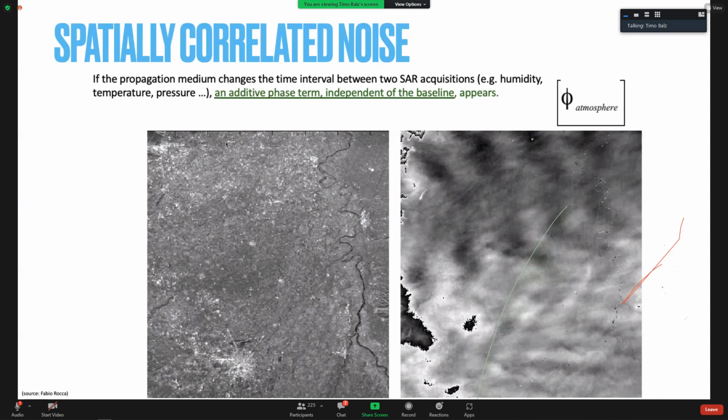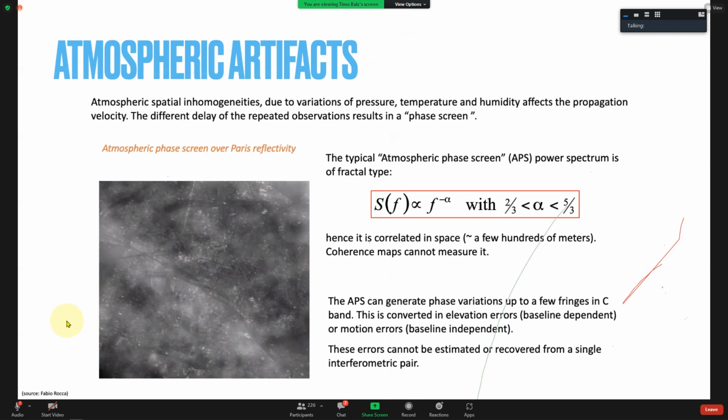So our knowledge that the atmospheric noise is spatially correlated, slowly changing in space, we can later use to separate that from other noise sources. So the atmosphere here, that's another example of the atmosphere.